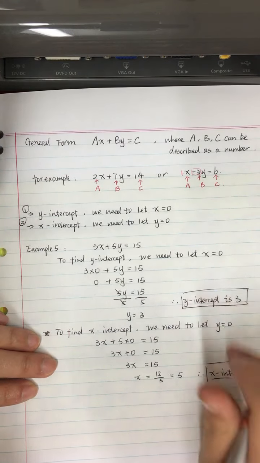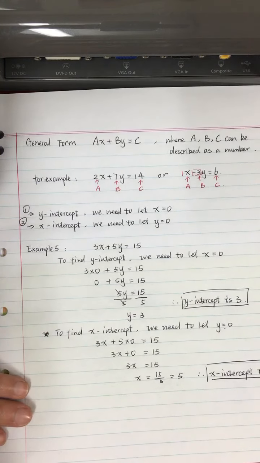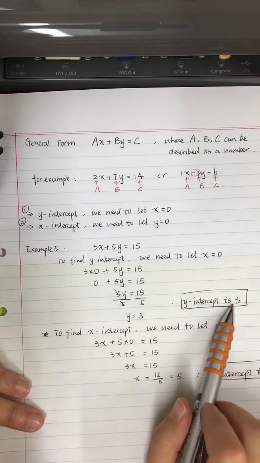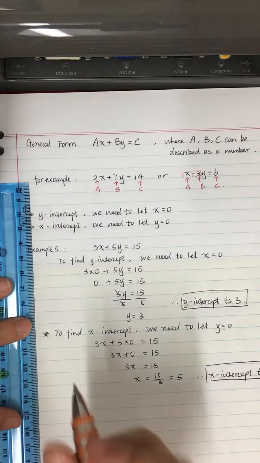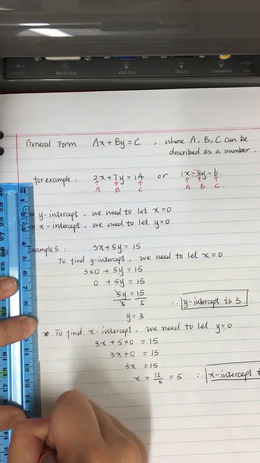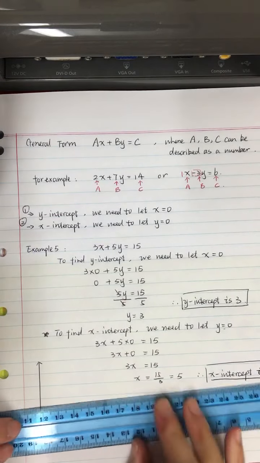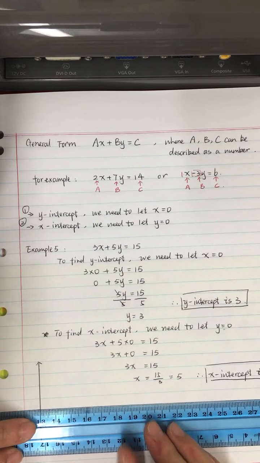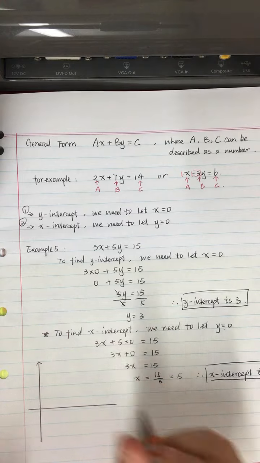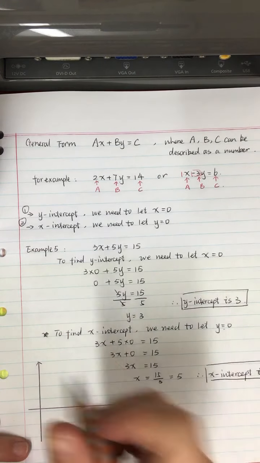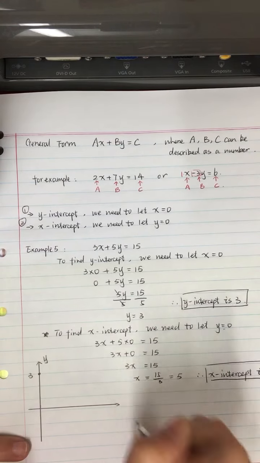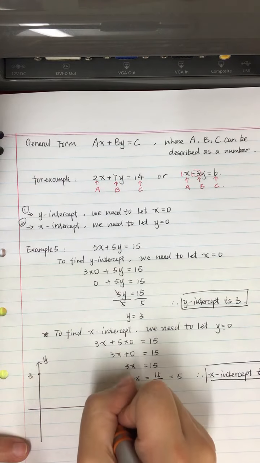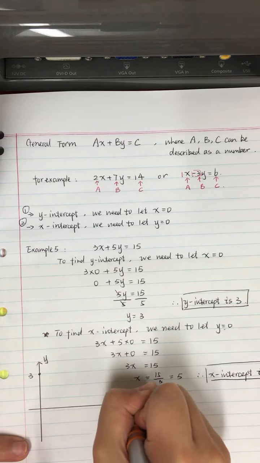Why do we need this? We are actually finding two points. So the graph cuts the y-axis at 3 and the x-axis at 5. We're going to draw the coordinates here, because they're all positive, so I leave more space for the positive part. So it cuts 3 on the y-axis and it cuts 5 on the x-axis.